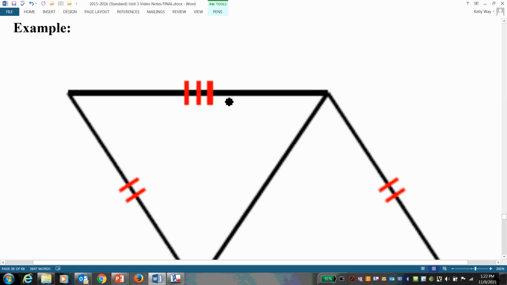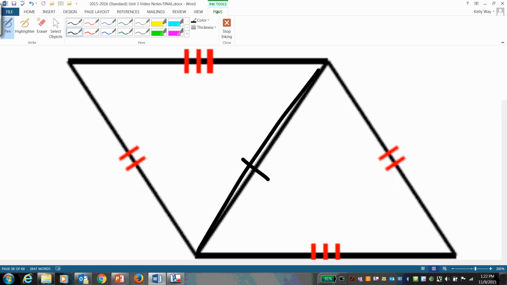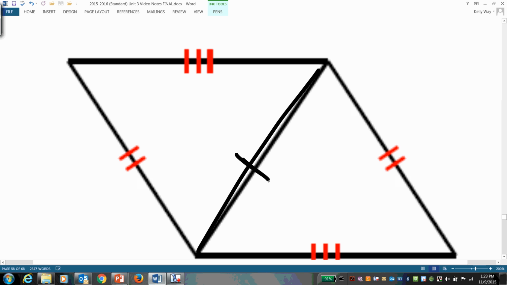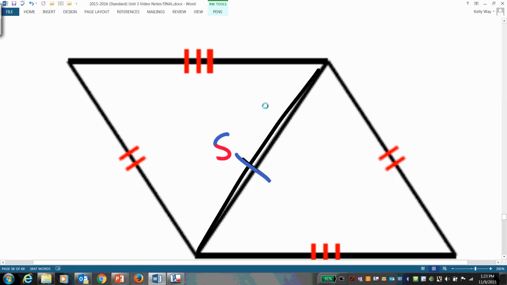Let me give you an example. Let's see what we have here. Let's mark our freebie. Our freebie is right here. We have a reflexive side. So this is going to be a side. And then we have pre-marked another pair of sides, 1 S for each pair, and I would put that just in one triangle, left or right.